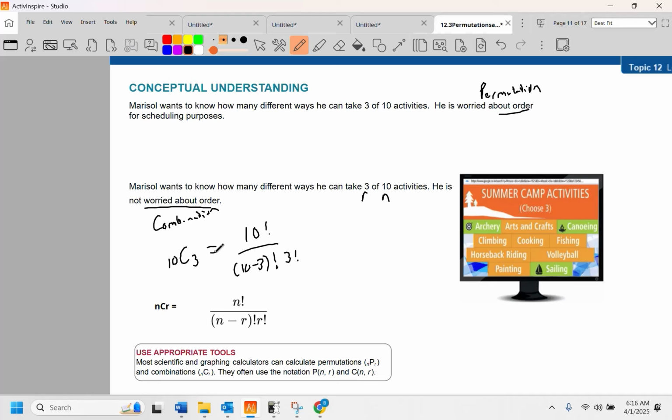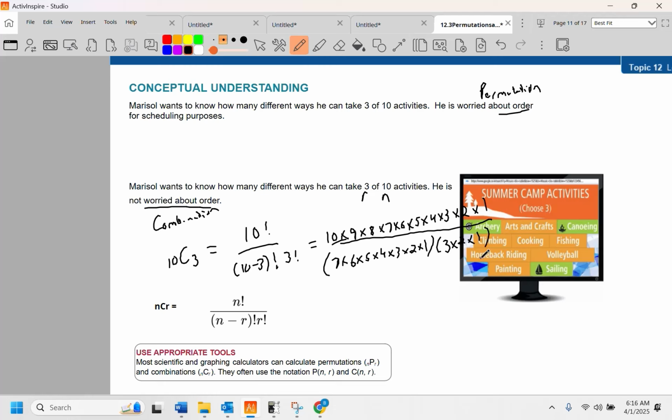And I really don't want to write this all out, but I'm going to. All right, 10 minus 3 is 7. We also have r factorial, and r was 3.